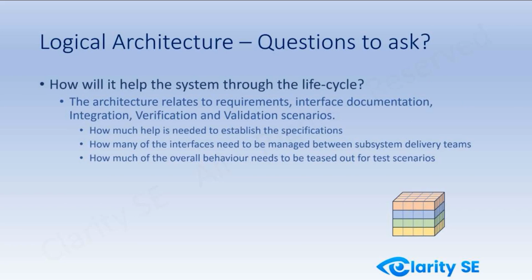So when we look at things like requirements, interface documentation, integration, and verification and validation, we can dive down into that, and we can ask, well, which areas do we need to help out with the requirements? How much help is needed with the interfaces? Again, particularly software-centric systems tend to not be well understood, even if people think they are.